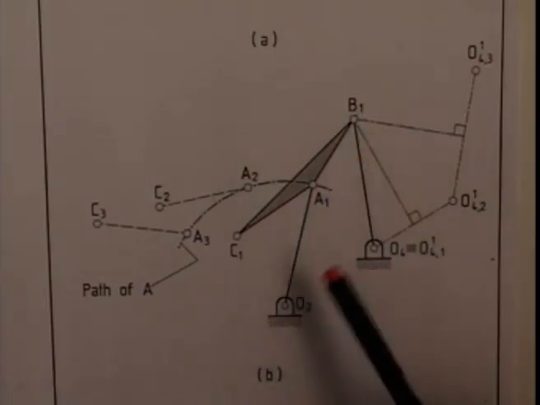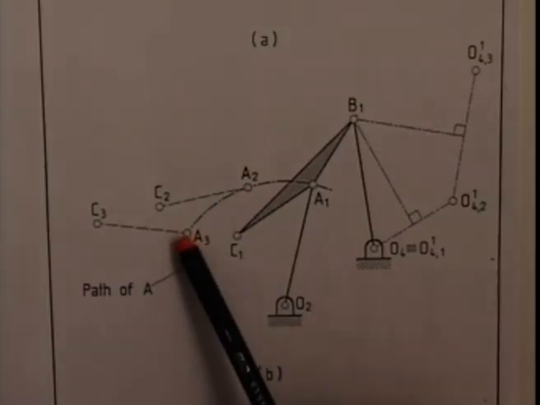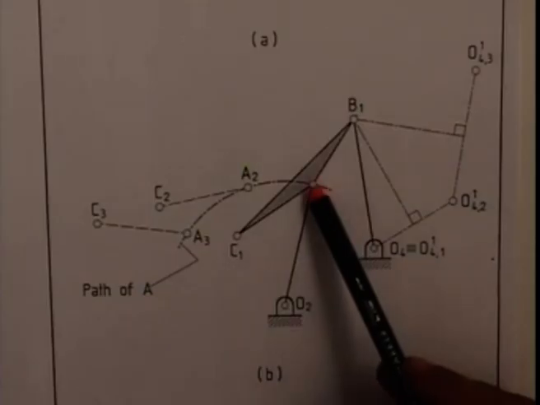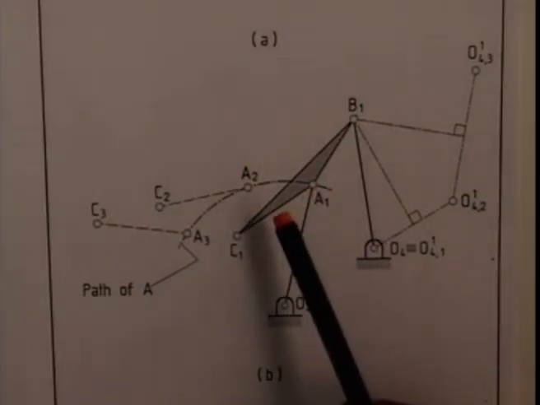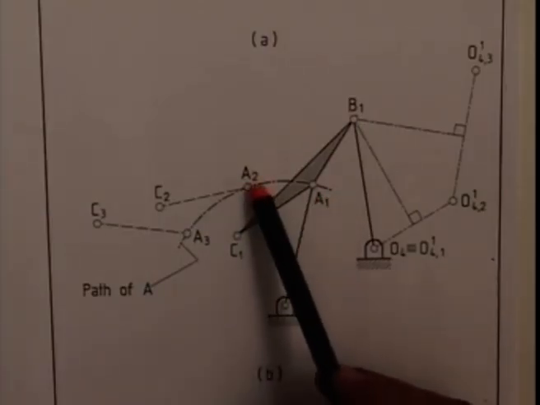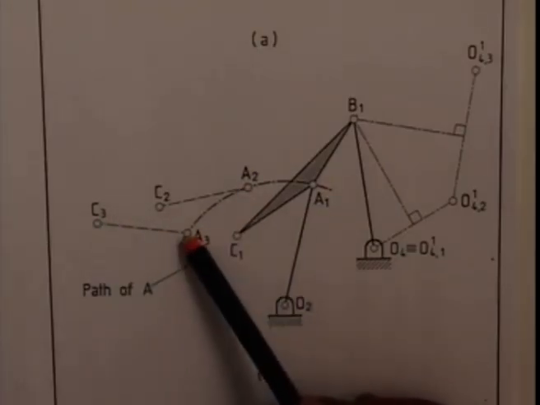So what we have done? First, we determine the path of A, which is a circle with O2 as center and O2A1 as radius. On the path of A, I locate the position of A corresponding to the second and third configurations as A2 and A3.